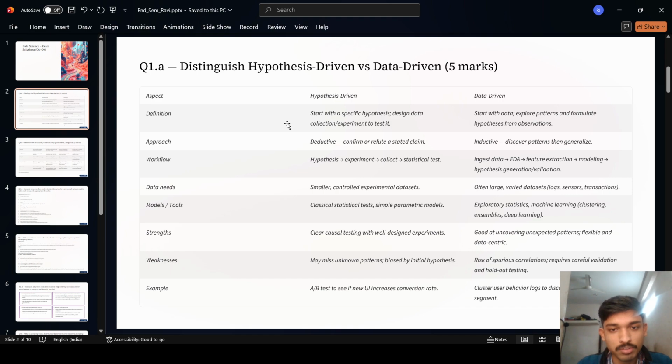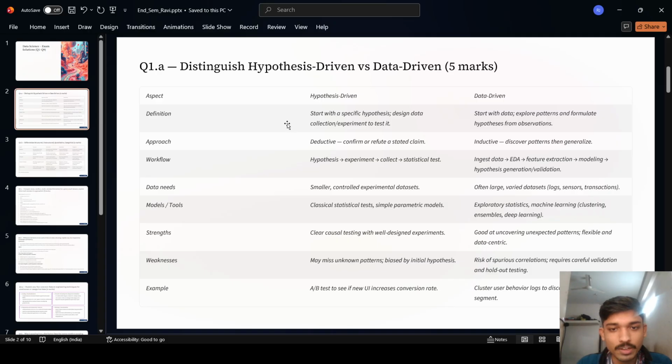Third one is workflow. Hypothesis driven has a workflow of hypothesis first, second one is experiment, then collect data, then statistical test. Data driven has ingest data, and then EDA, feature extraction, modeling, hypothesis generation, validation. Next one is data needs.